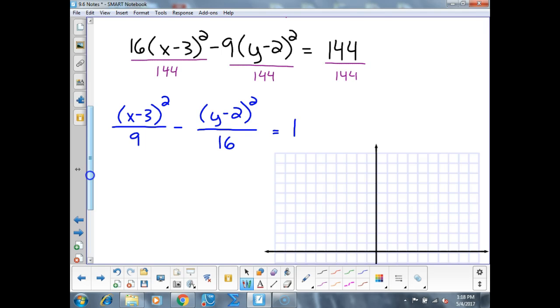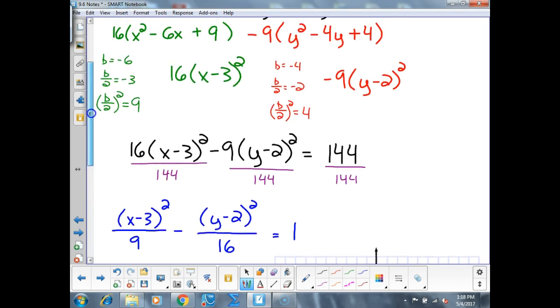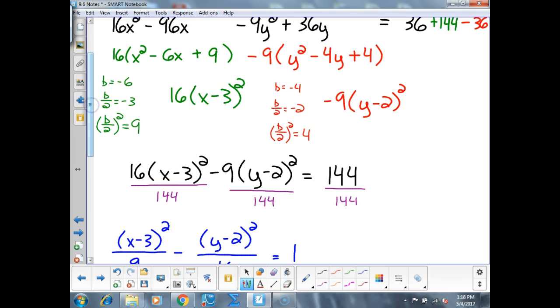Because 16 over 144 is 1 over 9. 144 divided by 9 is 16.